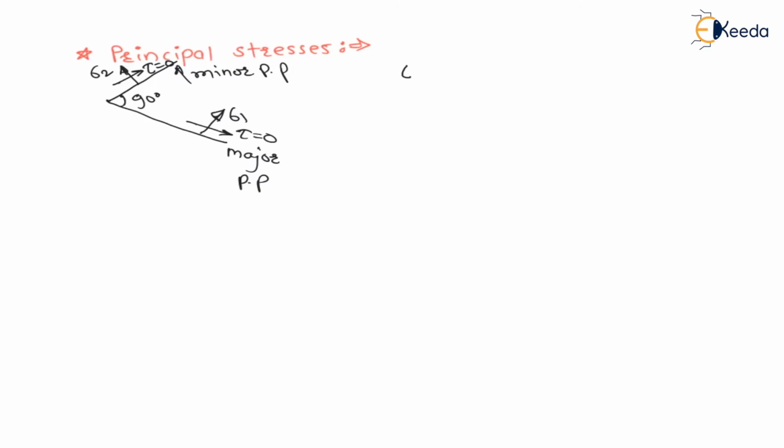This is a very important point, and with the help of this we can calculate the inclination of the principal plane. We know that tau theta, on any inclined plane, shear stress is (sigma x minus sigma y)/2 sin 2 theta minus tau xy cos 2 theta. This is the formula to find shear stress on any inclined plane at an angle theta with respect to vertical in anti-clockwise direction.